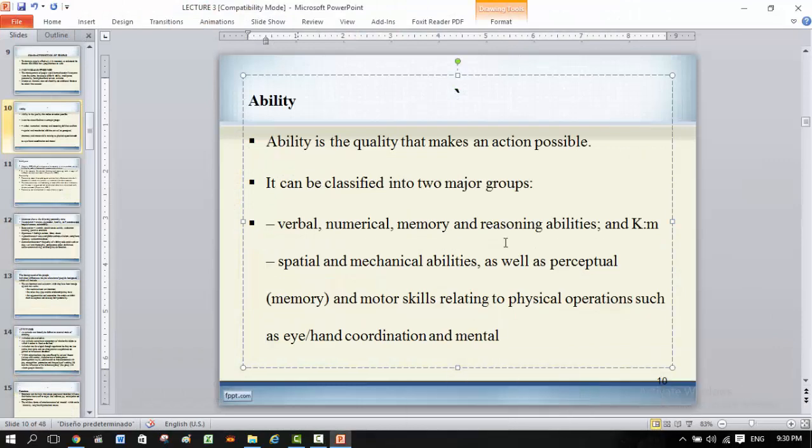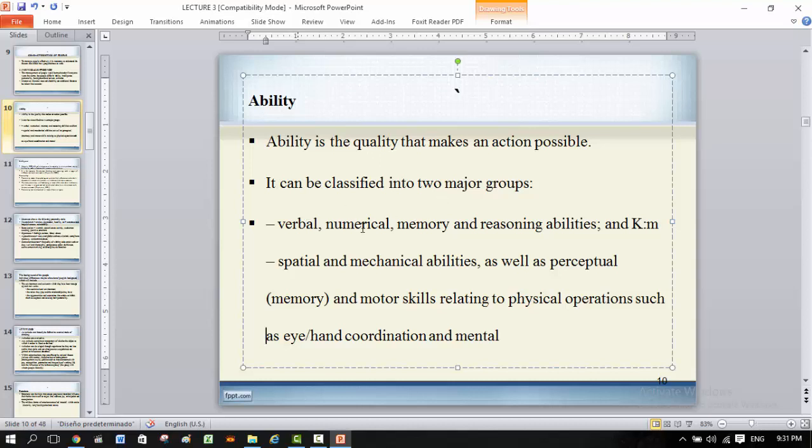As discussed, the people differ in ability, and you know that ability is the quality that makes an action possible. It is a quality that makes a target possible, a job possible, a work possible. It can be classified into two major groups.